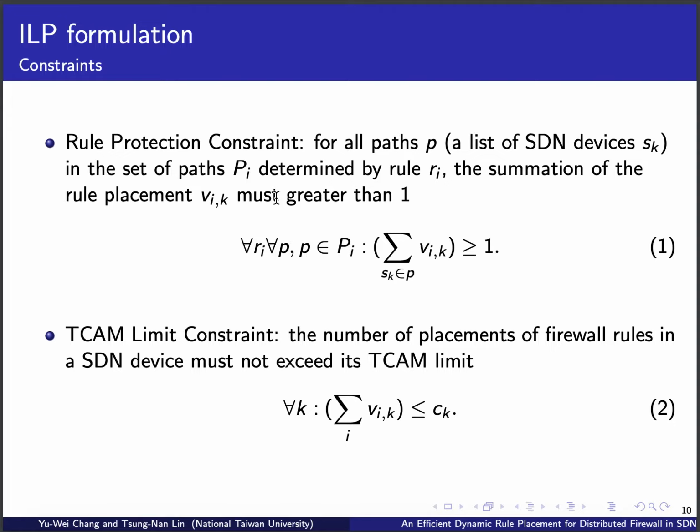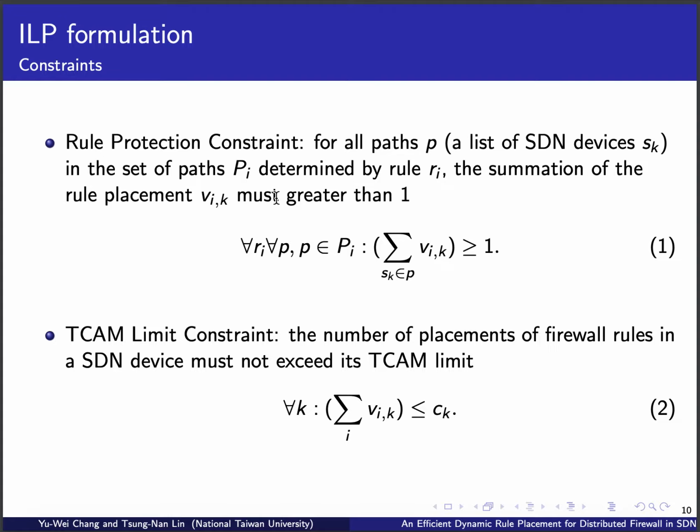What this means is that the rule must be placed somewhere along the paths, and these paths are all the possible paths that the packet might go through. As a result, this constraint will enforce that all the packets matched by this firewall rule will be enforced.